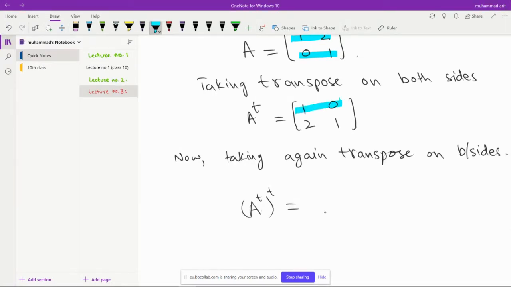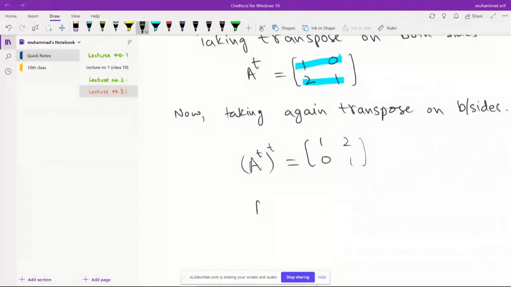The first row in the form of a column, which is 1, 0, and the second row in the form of a column, which is 2, 1.